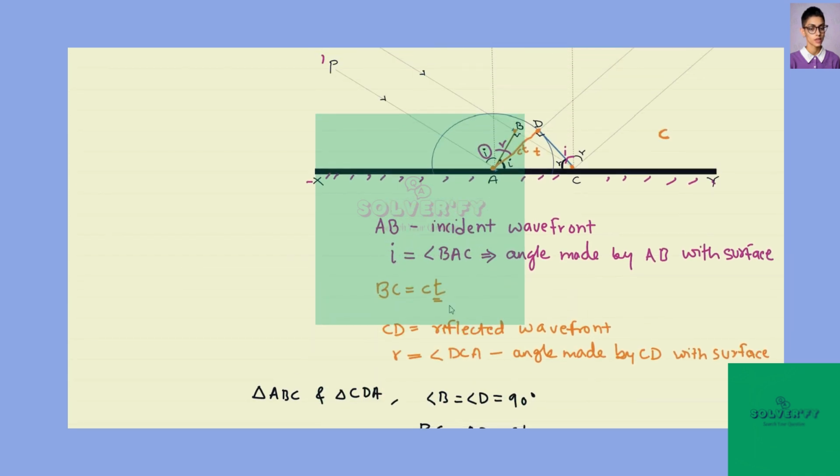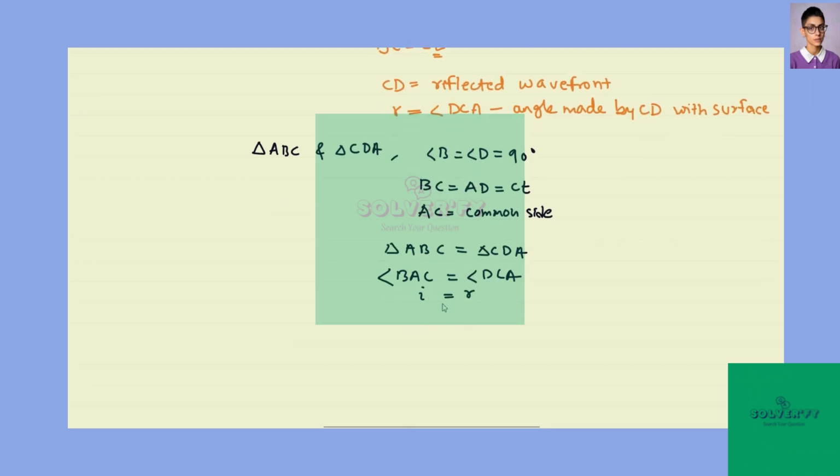Already we discussed that. So based on Huygens principle we can prove I is equal to R, angle of incidence is equal to angle of reflection, which is the law of reflection.